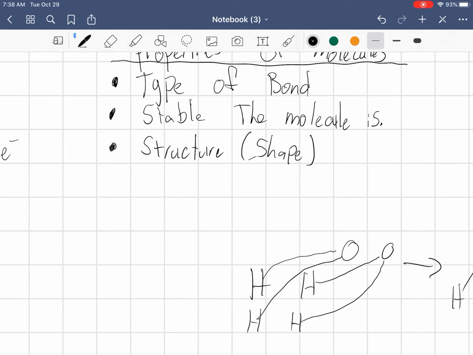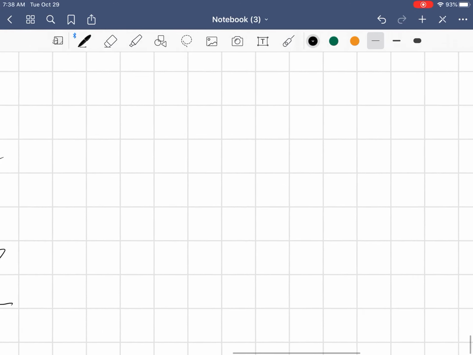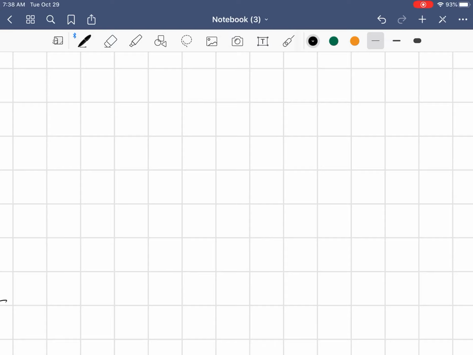Okay, then the next thing we wanted to talk about is being able to read chemical formulae. So the first rule we need to understand when writing down chemical formulas is that when you're writing the elements, the first letter is always capitalized, and if there are two letters, the second letter is always lowercase.